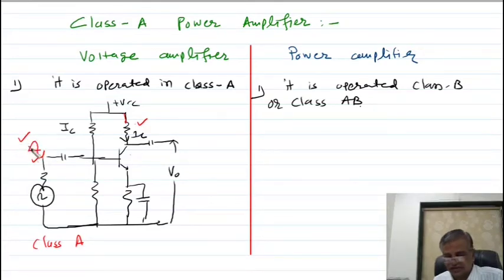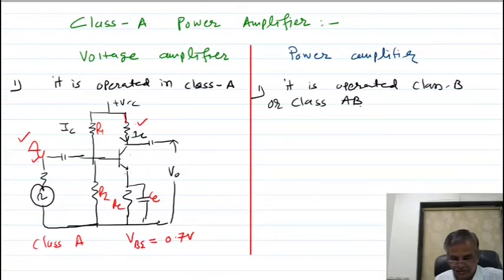Then it is called class A. Now you may ask, sir, how can it be possible? It is possible if you keep your base emitter voltage VBE of the order of 0.65 or 0.7 volt. If I keep the base emitter voltage of the order of 0.7, then this will happen.